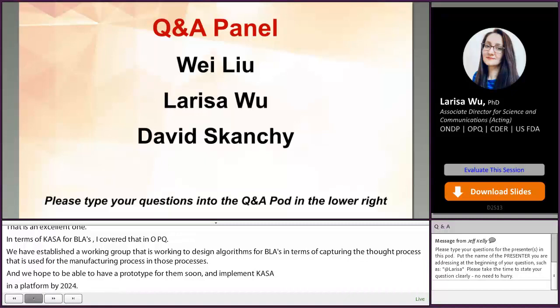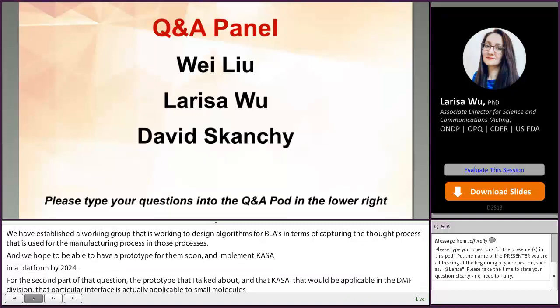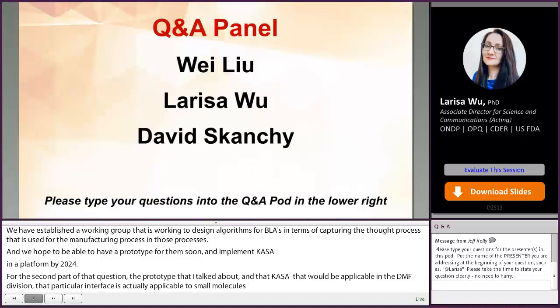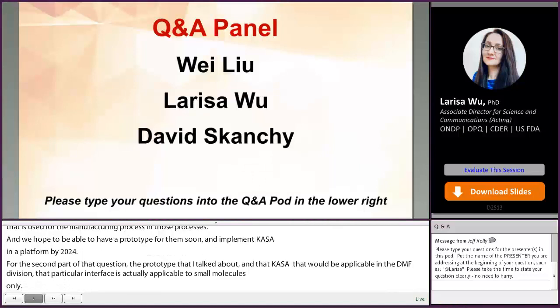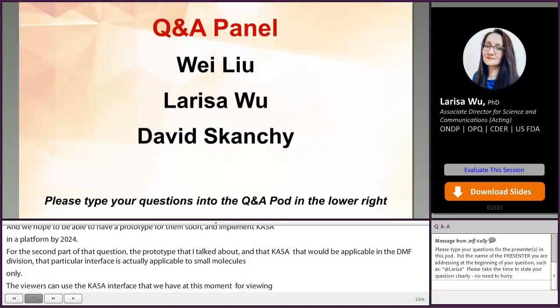Reviewers could use the KASA interface that we have at this moment for review of peptides and oligonucleotides, but we admit that it will need additional enhancements to integrate with other databases we have available and to make it appropriate for review of this type of complex drug substances.